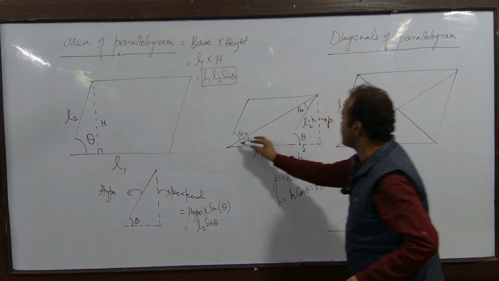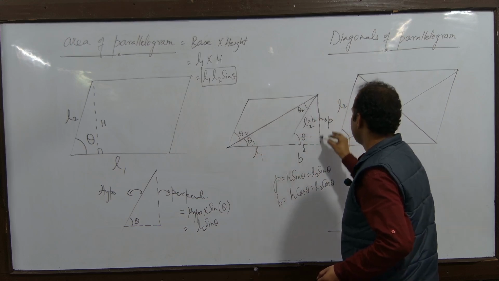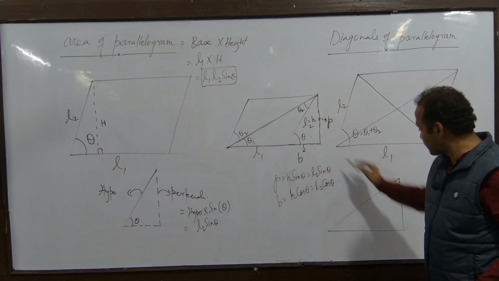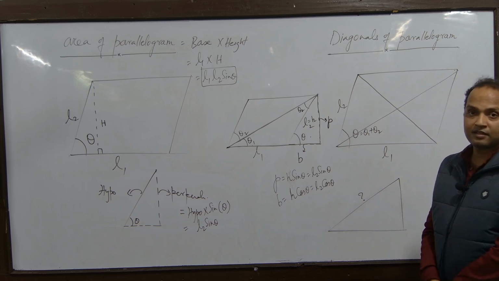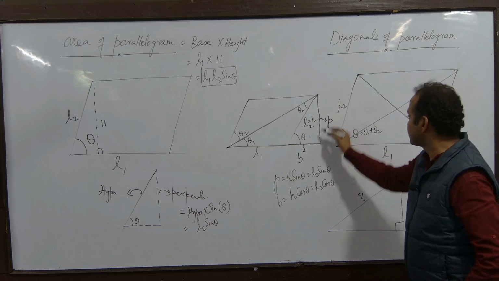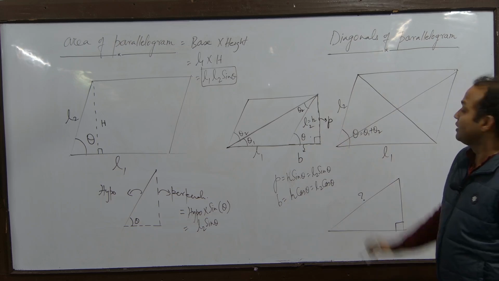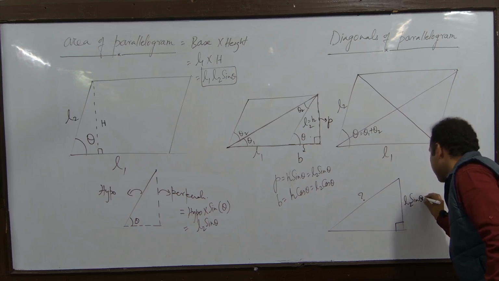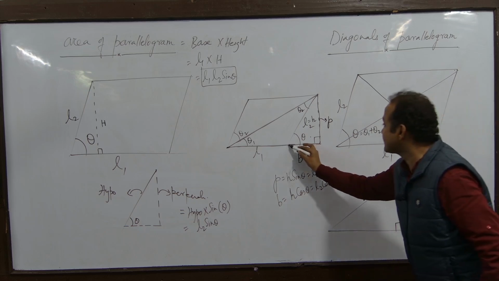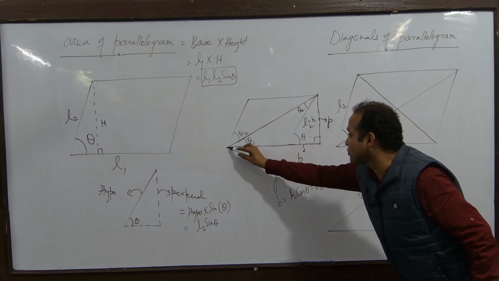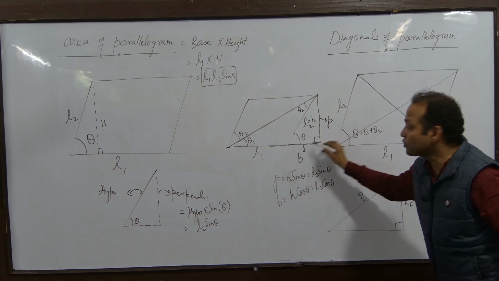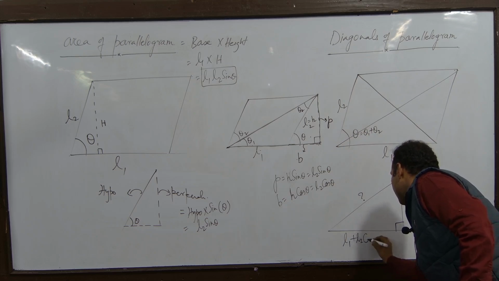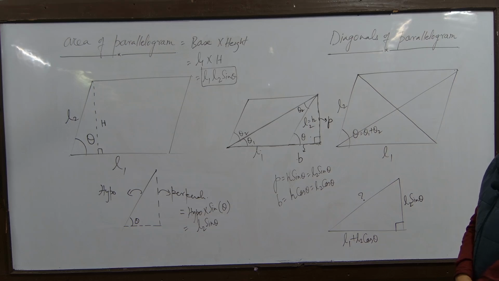You have to find this length. This is 90 degrees. Perpendicular is L2 sine theta. This L2 cos theta is also part of the base. This complete is base, so L1 plus L2 cos theta is the new base.